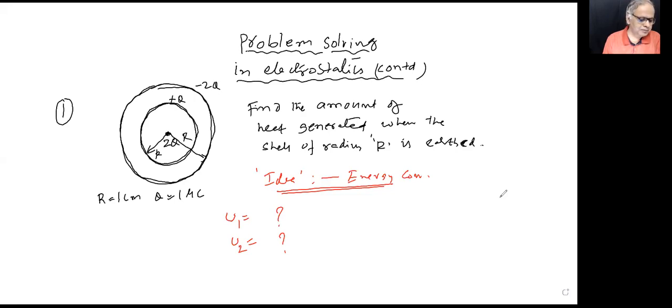Something like this we already told the children: how to find the energy of a system like this. Sir, to find the energy, we can find it from potential. Tell me how to find U1, U2.